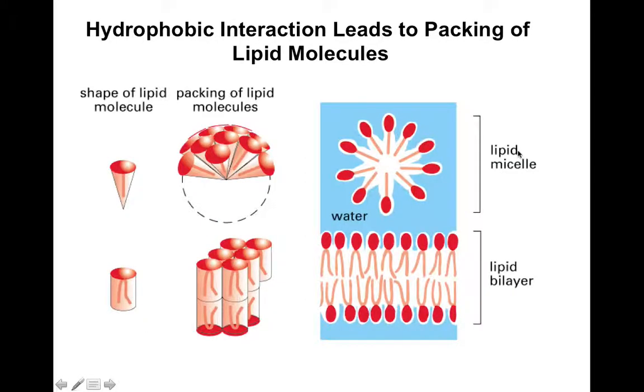So how does this work? In these micelles, in order to exclude water, these single-tailed lipid molecules pack together to form a sphere. So you can see here it's kind of triangular, so they kind of fit together like cones.